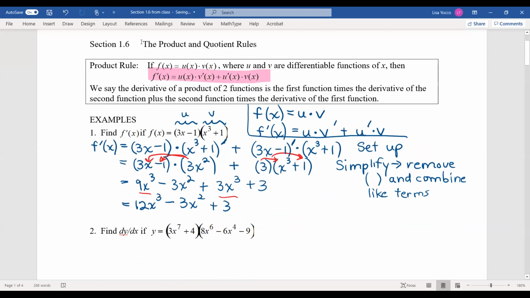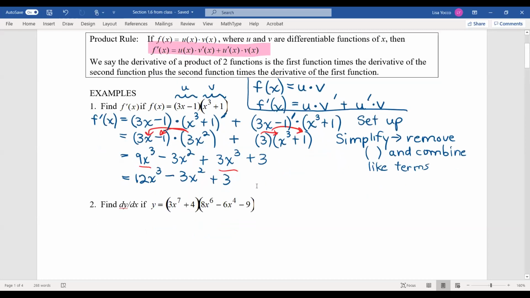All right. And you may be wondering, or you may not, but would it have been possible, before we ever took the derivative, could we just have multiplied the u and the v together first? And the answer to that is yes, you could, and that's fine if you wanted to do that.